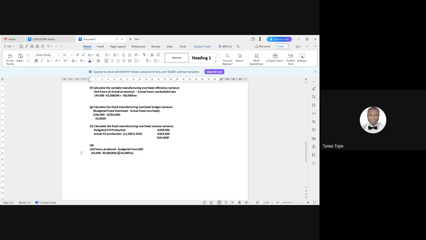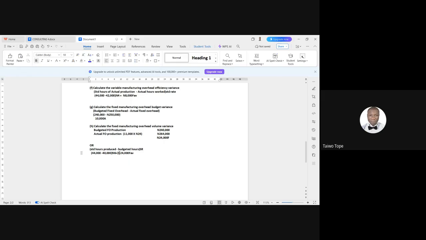So the point is this: when an organization produces less than planned, we have an under absorption, which will be an adverse variance.